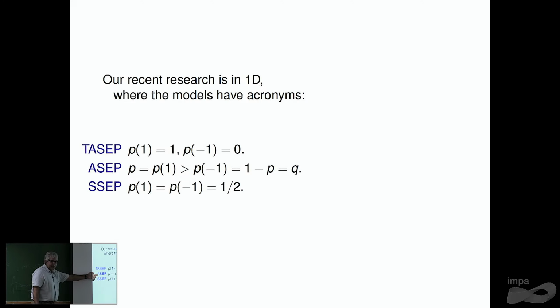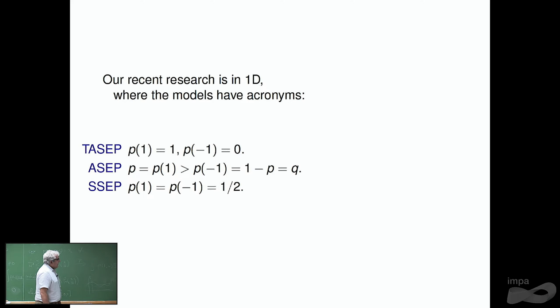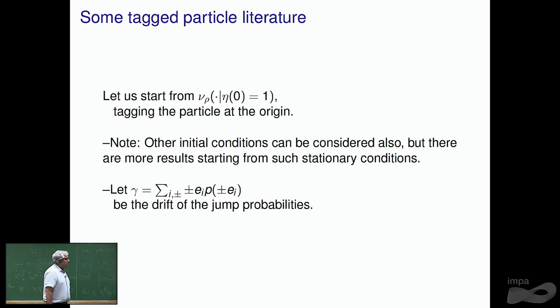TASEP is a case of ASEP. And then you have the symmetric case. I already called this gamma, and things depend on this gamma quite a bit. You already see it here. The scaling is different.